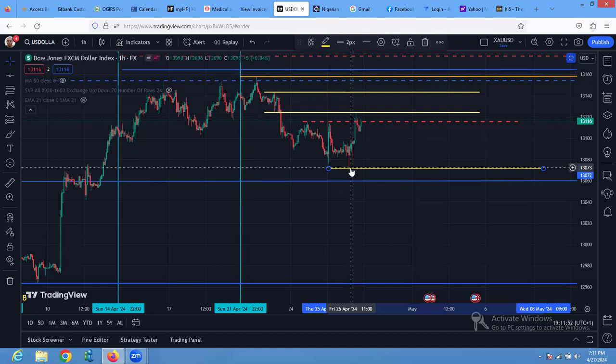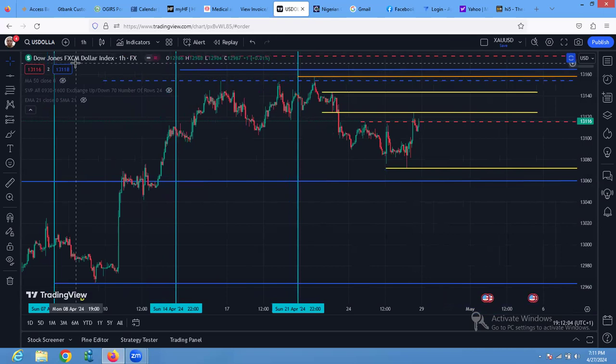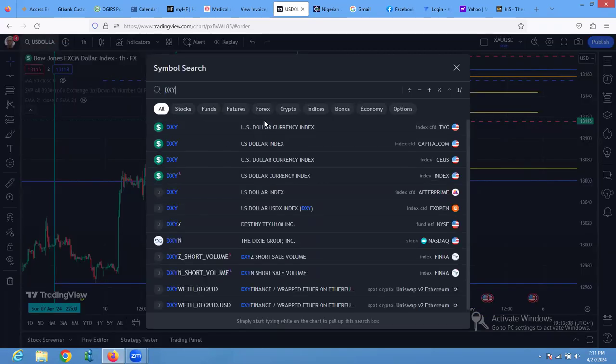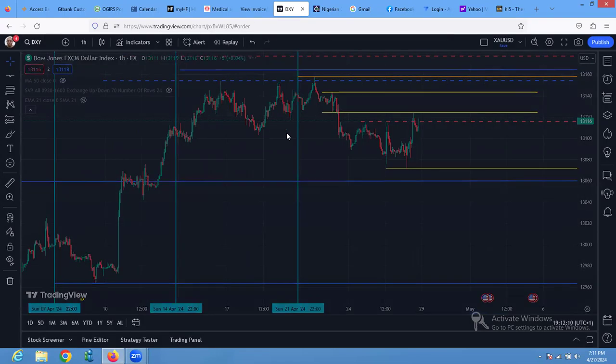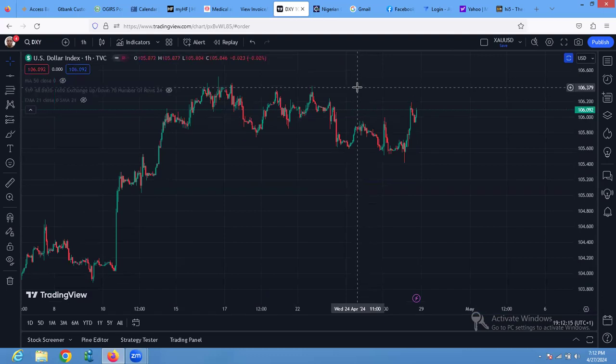So you might not be able to decipher between that first wave and a correction. So that is what this one is looking like. Unlike DXY, that actually has raised quite to the top, this might be breaking the top.